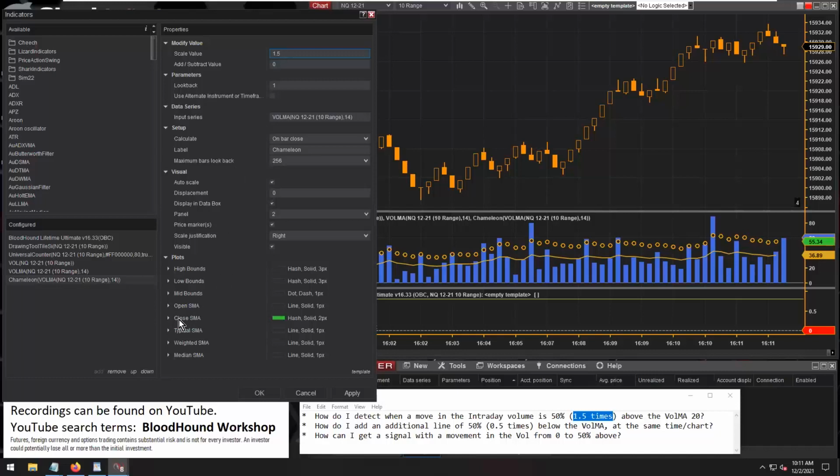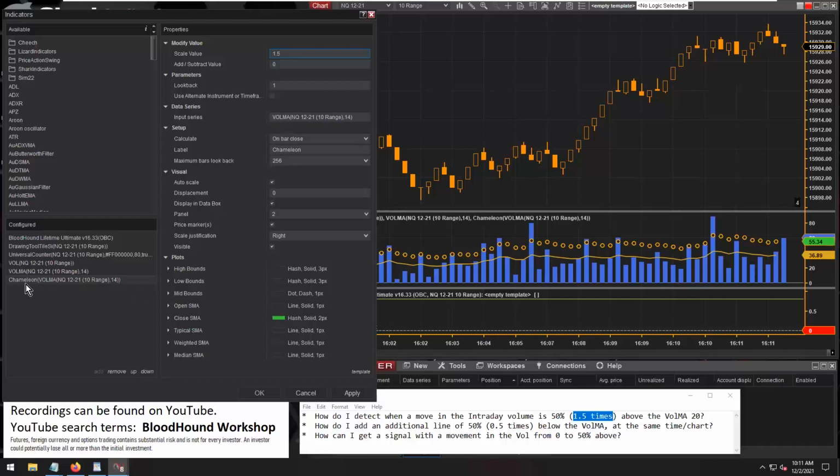So basically only the closing plot, or the close SMA plot, is the one that's now valid. These other plots aren't going to operate because the instrument price is no longer the input series. It's an indicator being fed into this. So the way NinjaTrader works, really the closing SMA is the only plot that's plotting the volume MA.